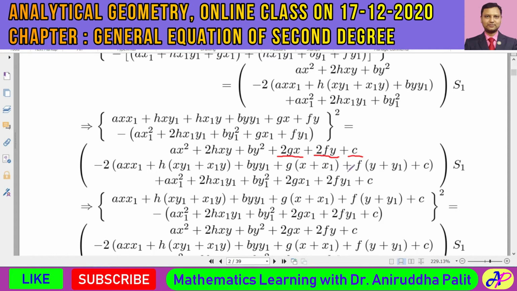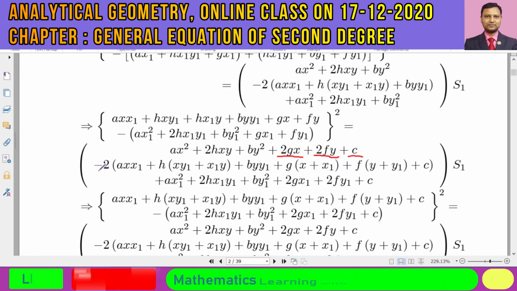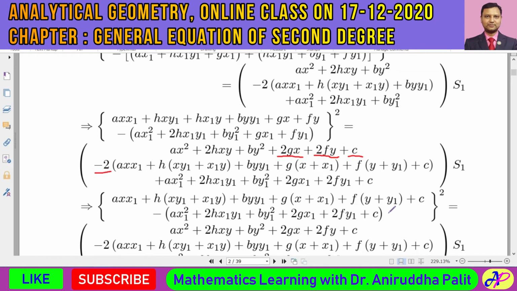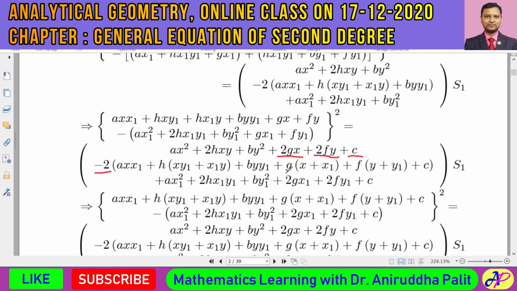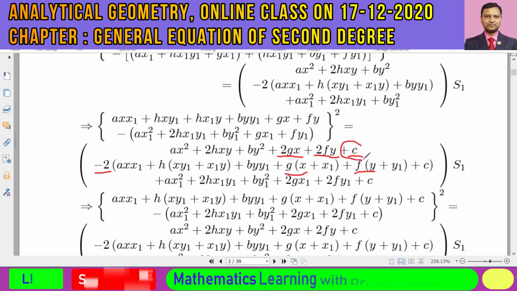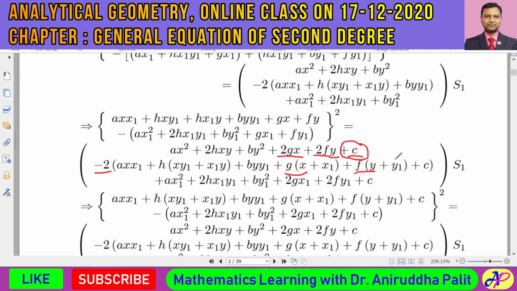How did I adjust it? Over here we already have a minus 2 sign. With this minus 2, we are multiplying g into x and f into y, but we have only a single c over here.